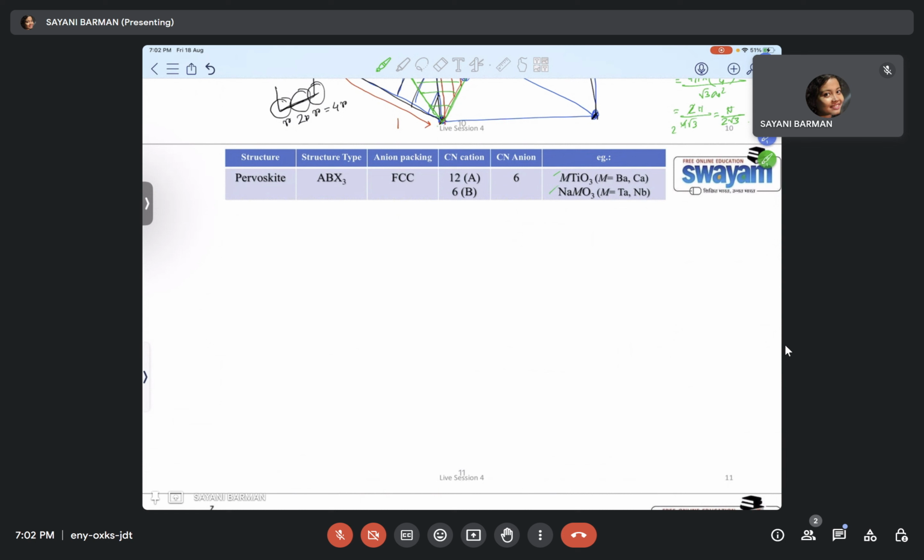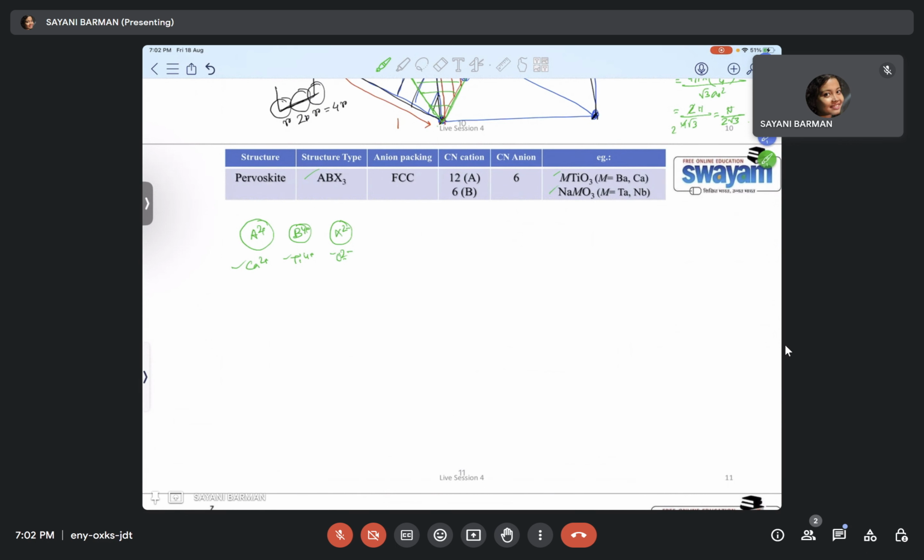Perovskite has the structure type ABX3, where here it is A atom, there is B atom, and here it is oxygen, 2 minus. Mostly it's ABO3 only. So B atom is mostly found in 4 plus state. Let's say I'm taking Ca2 plus, Ti4 plus, oxygen 2 minus. Right. So this one is the larger cation, this one is the smaller cation, and the anion binds with both the cations.